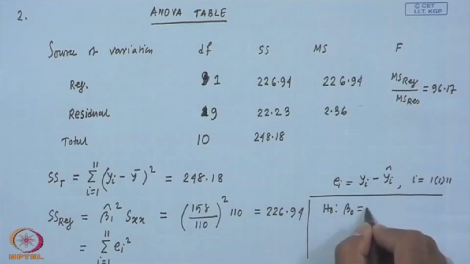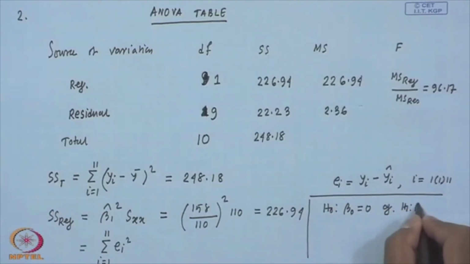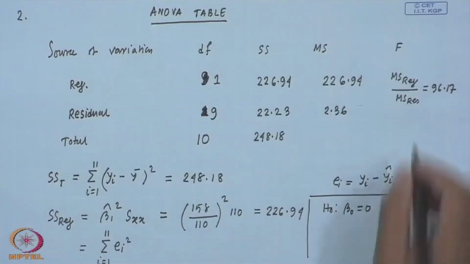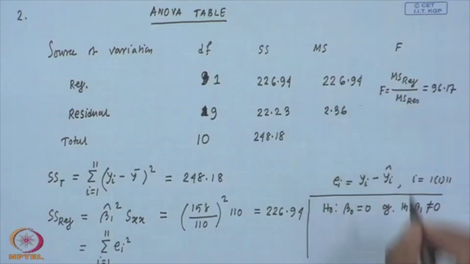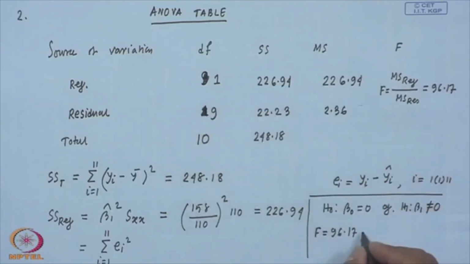Now, you know that we can test this hypothesis, say H naught, that beta 1 is equal to 0 against H 1, that beta 1 is not equal to 0, using this F statistic, and the observed value of F is equal to 96.17, and this has degrees of freedom 1 and 9. So, you check the tabulated value of F 0.05, 1, 9.